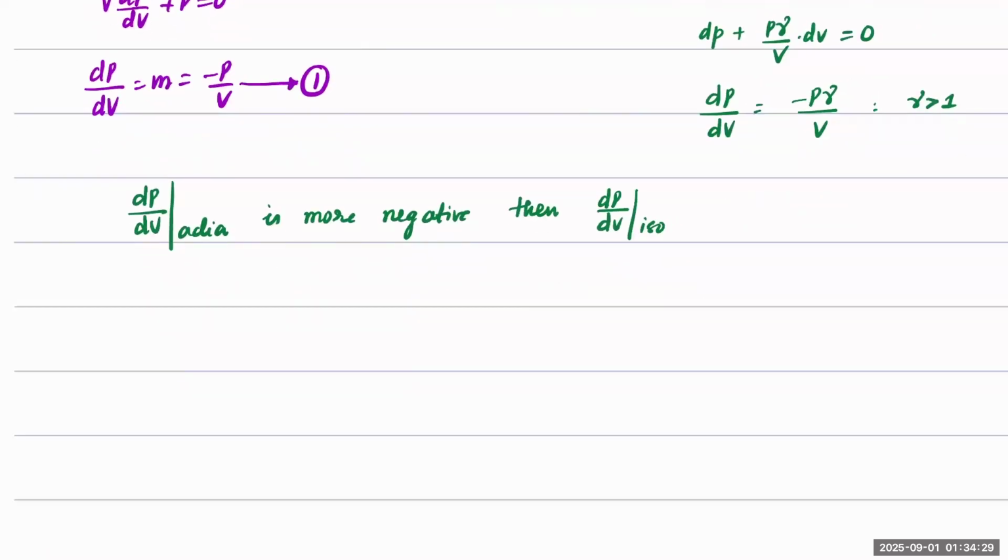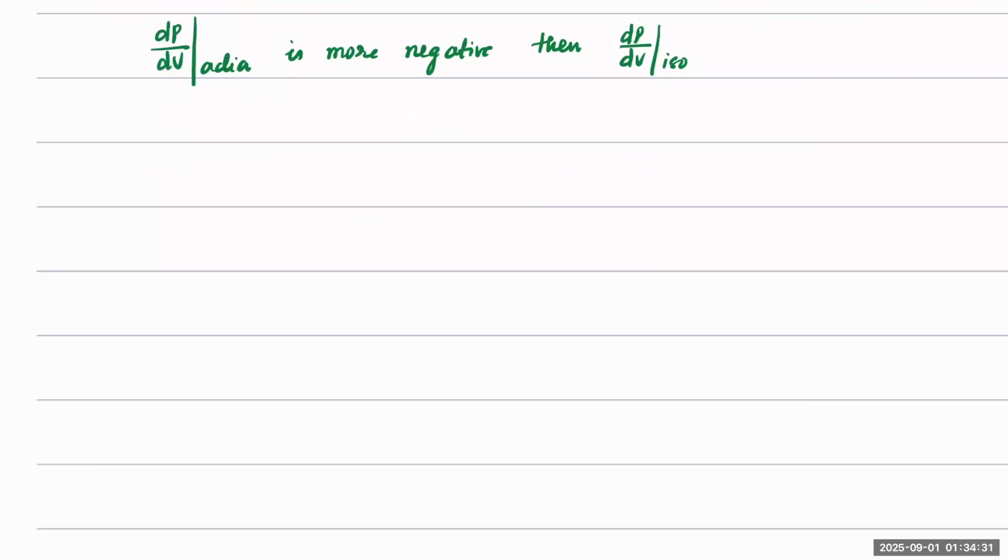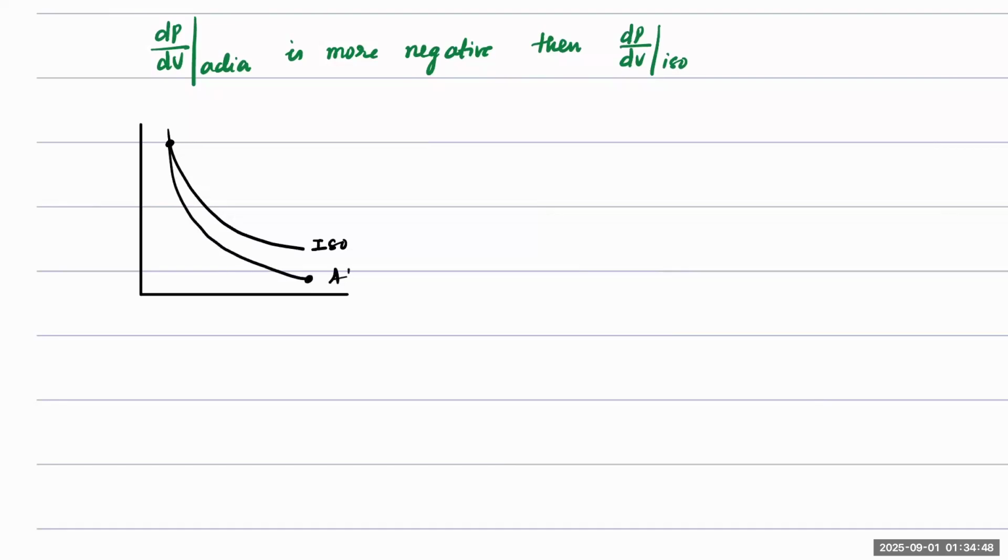Okay, therefore, if we plot the graph for both isothermal and adiabat, if this is how the isothermal graph goes from a starting point here, then the adiabatic graph will always go down here like this. So this will be the adiabatic graph.